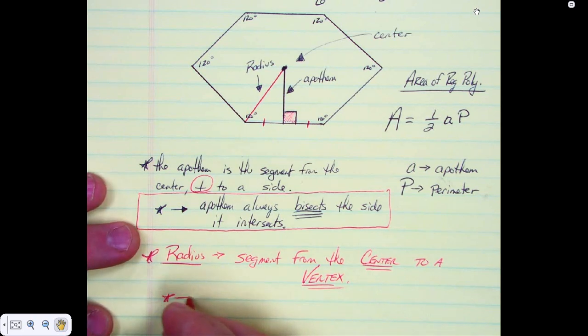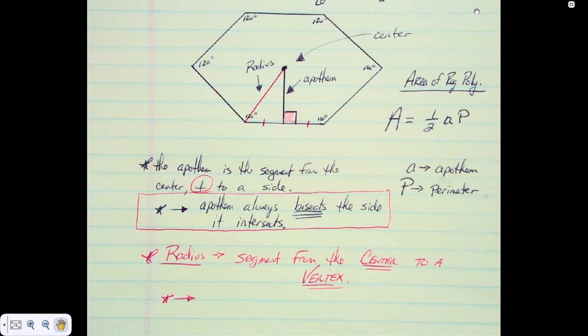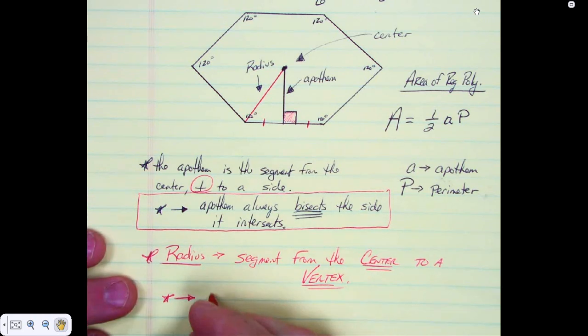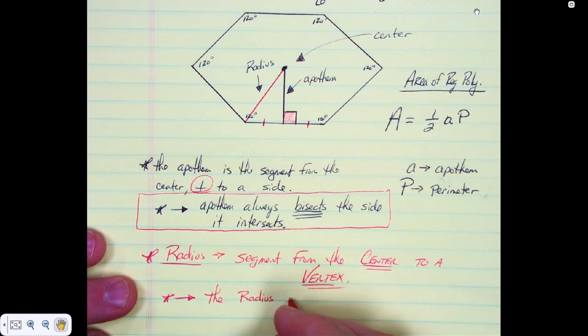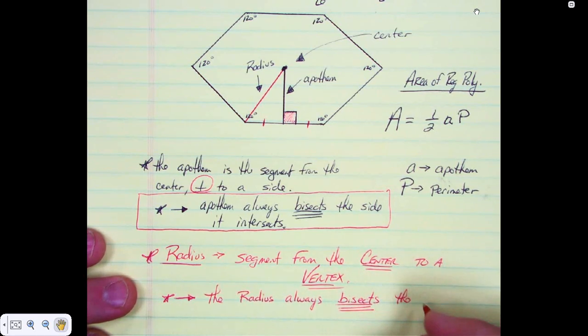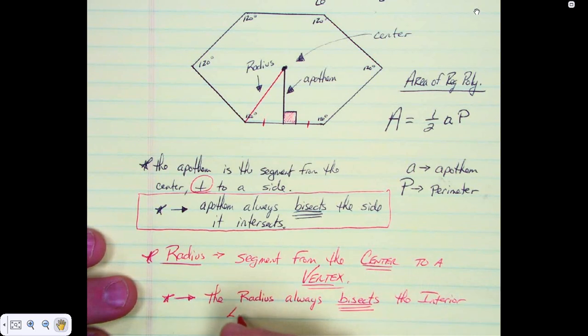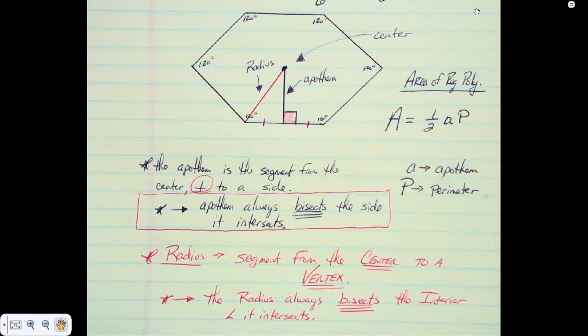There is also a very important fact that you need to know about a radius. The radius always, guess what next word's coming? Bisects the interior angle it intersects. So what does that mean? What does bisect mean?